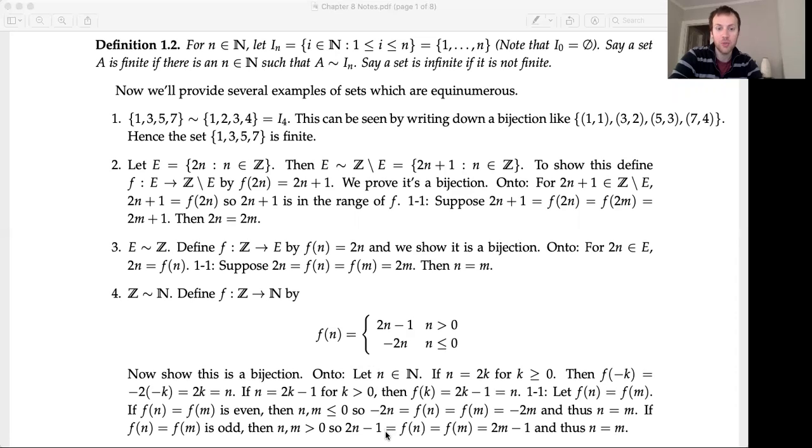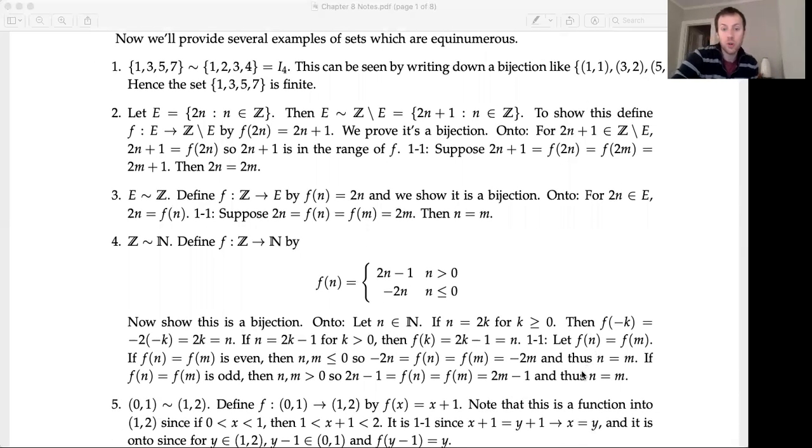Looking at this proof, showing it's onto means given any natural number, if it's even, it was mapped to by a negative number. If it was odd, it was mapped to by a positive number. And we can also show this is 1-to-1, because the individual parts are 1-to-1, and they're being used on separate parts of the integers.